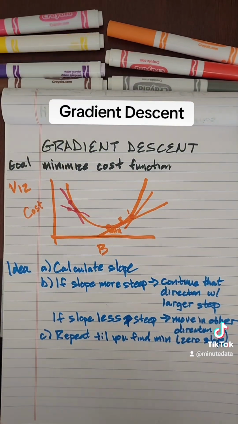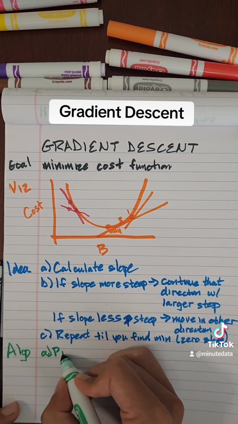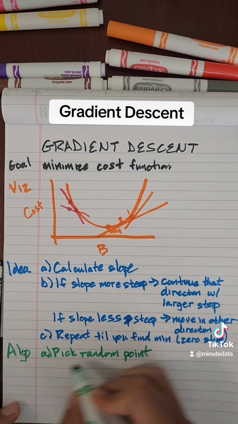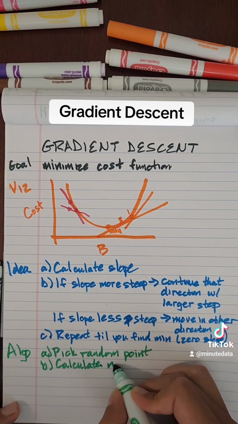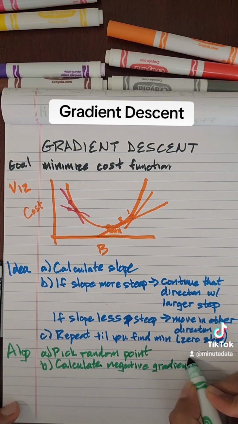If we want to do, say, a more algorithmic description, the algorithm is: pick a random point, then calculate the negative gradient. You'll see why negative in a second.